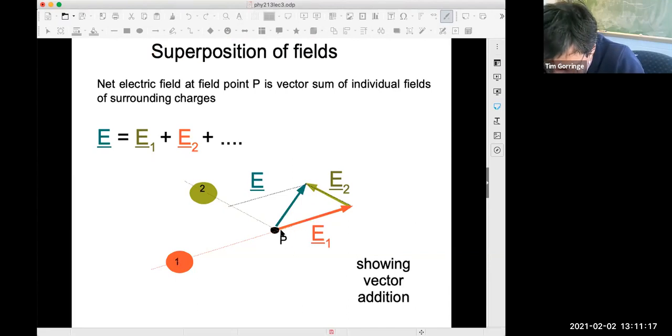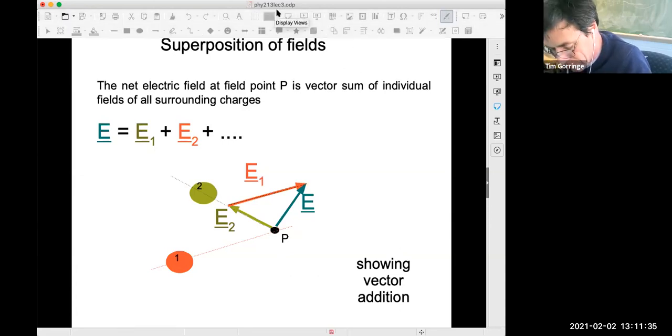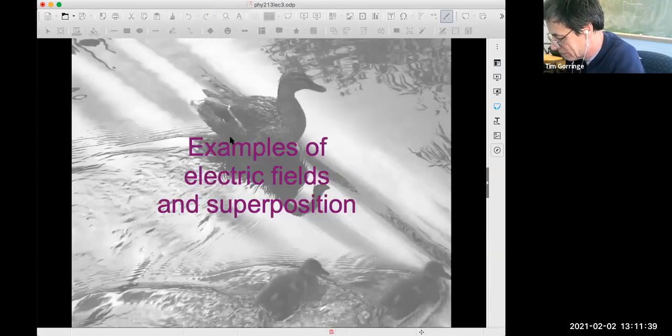So to picture the vector addition of the electrical field E1 and electrical field E2, to make the electrical field E, I sketch E1. That's the field of the first charge.